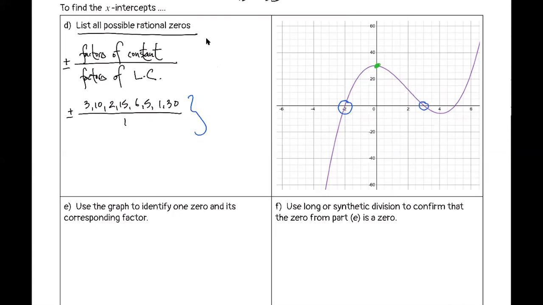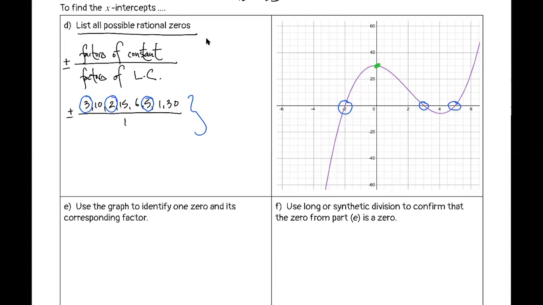The next time this graph crosses the x-axis is at x equals 3, and we have x equals 3 right here. So we've got the -2, we've got the 3, and the last time this graph crosses the x-axis is at 5. I would not try any of the other numbers because given my picture, the only 3 that match up from my picture and my list are +3, +5, and -2. Okay.